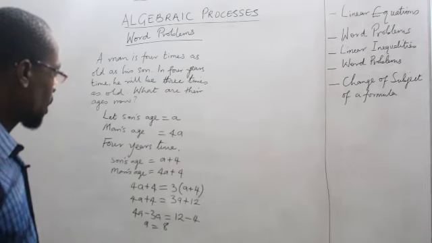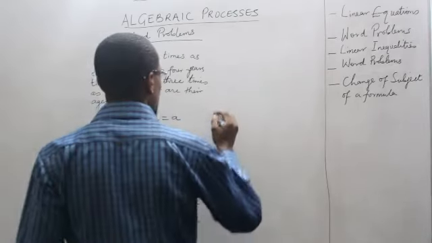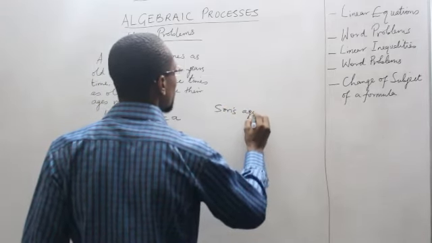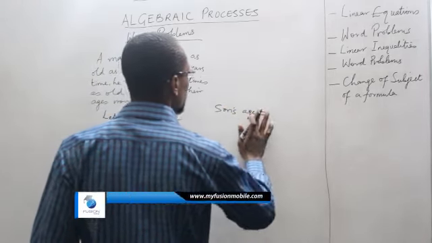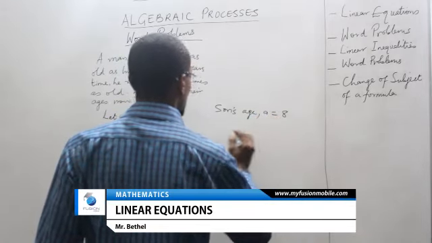So clearly the son's age is A, which is equal to 8.